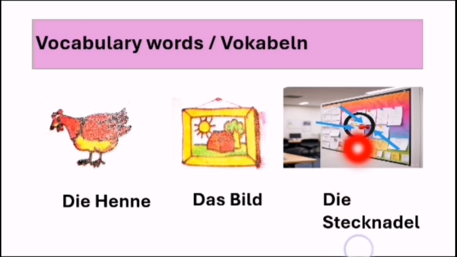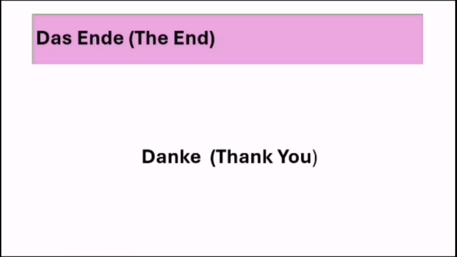It is called pin in English and Stecknadel in German. And about die, das, die. Okay, we have the last lesson of book number 1. You can check there why we should use these with nouns like die Hanna. Can we say only Hanna in German? Why do we put die in front of Hanna? You can check there in book number 1, the last lesson.